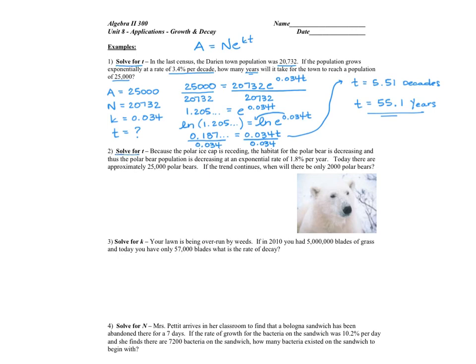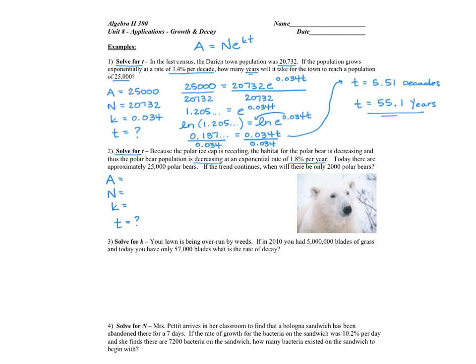It also says that we will be solving for t. But let's read through the problem and see if we can find what we know about the other variables. Because the polar ice cap is receding, the habitat for the polar bear is decreasing, and thus the polar bear population is decreasing at an exponential rate of 1.8% per year.